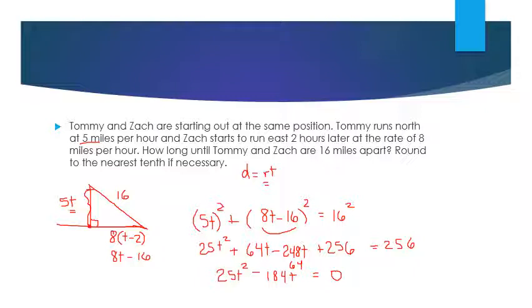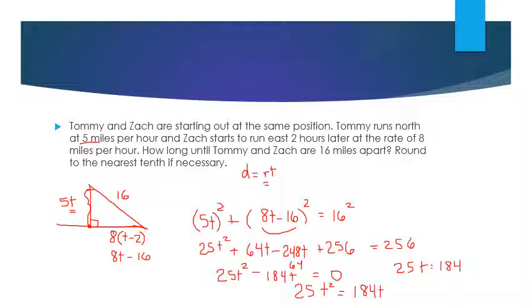Now here we could use the one method where we subtract 184t from each side. 25t squared equals 184t. We could divide both sides by t and get 25t equals 184.